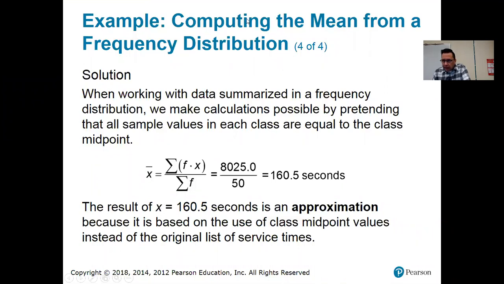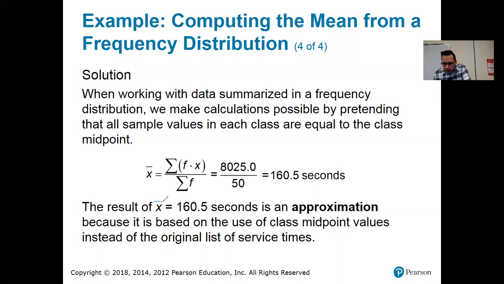I'm just noticing that for the first time. I think I can fix that. There you go. All right. 160.5 is an approximation because it's just using midpoints.